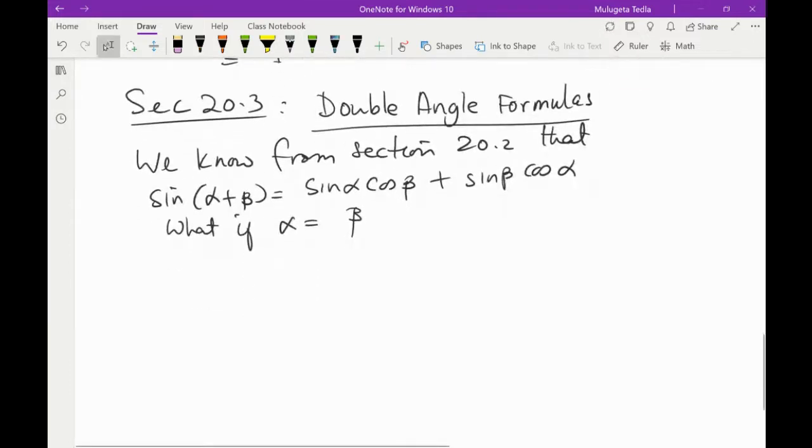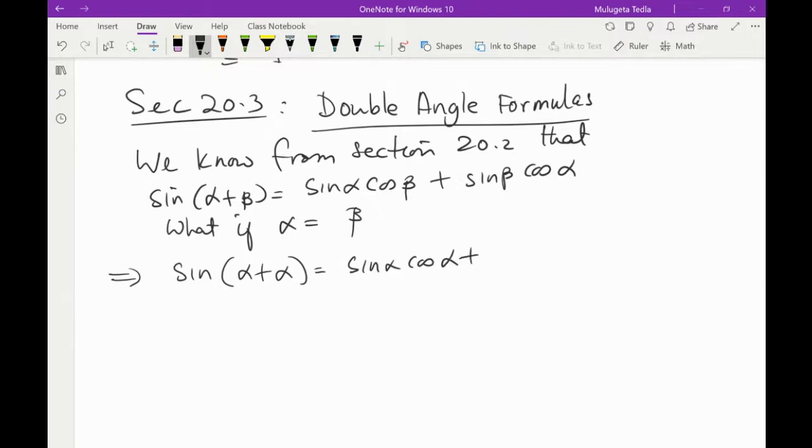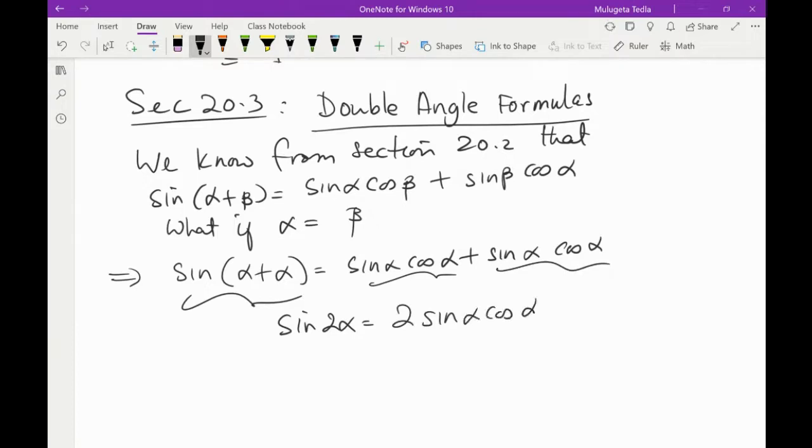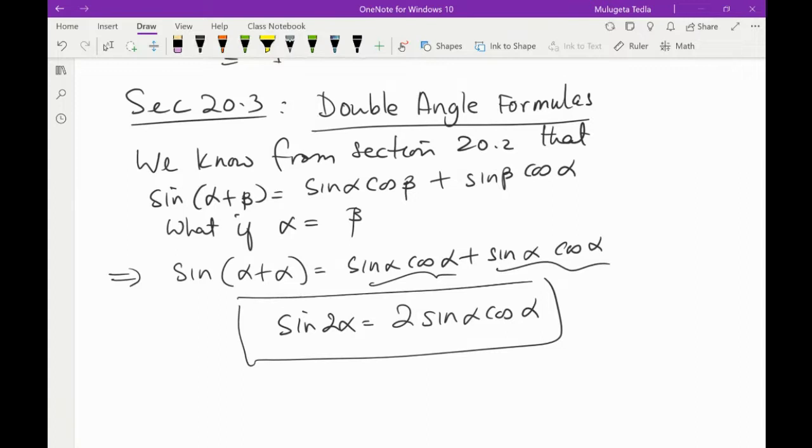Does it give me sine of 2 alpha? Yes. On the left-hand side, sine of alpha plus alpha equals sine of alpha cos of alpha plus sine of alpha cos of alpha. On the left-hand side, I get sine of 2 alpha. On the right-hand side, I have twice sine of alpha cos of alpha. So here you have an identity, which is called the double angle formula.